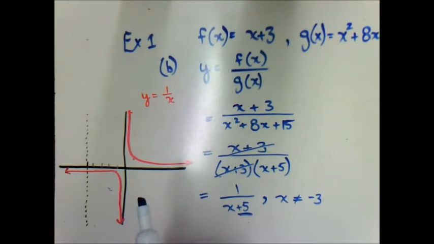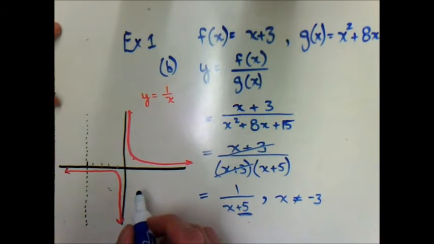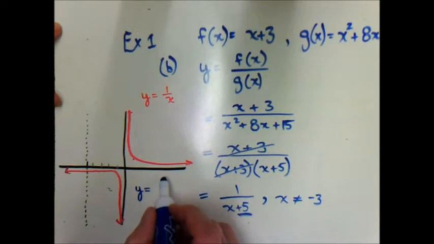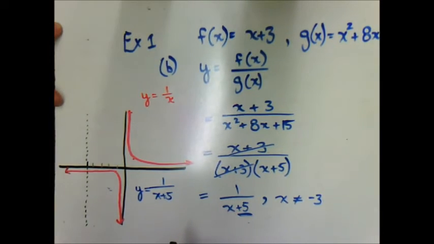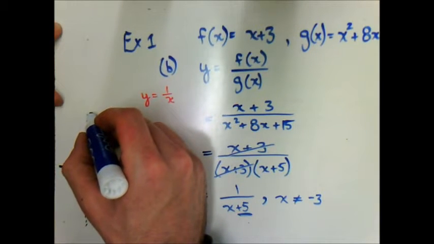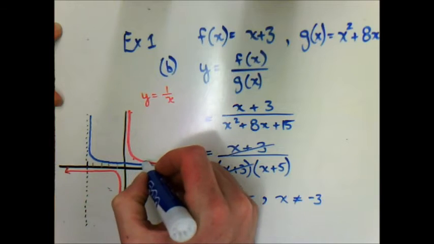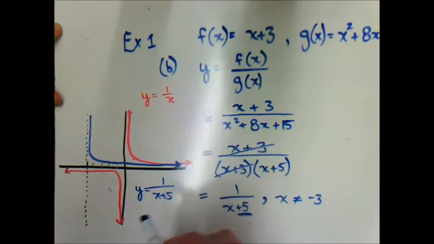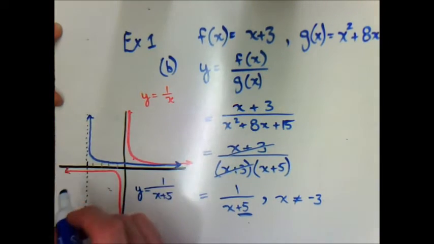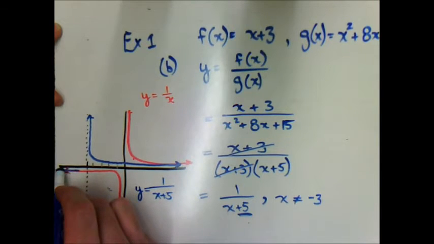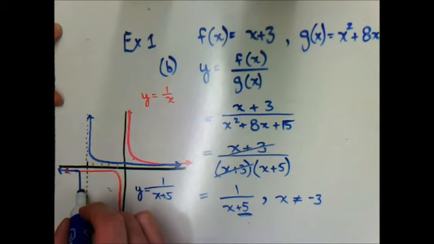And we will use blue for the graph of y equals 1 over x plus 5. It's going to come down by its asymptote and curl along and carry on to positive infinity. And same thing, it's going to carry on to negative infinity.